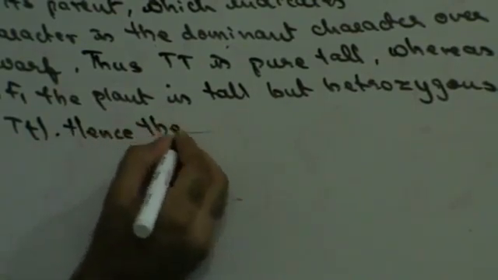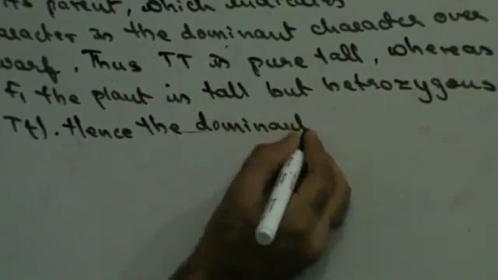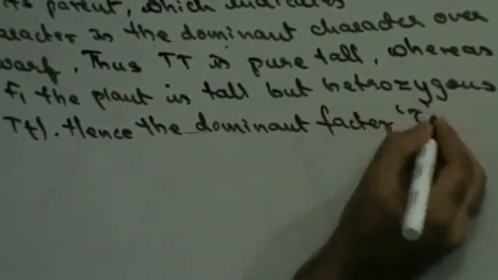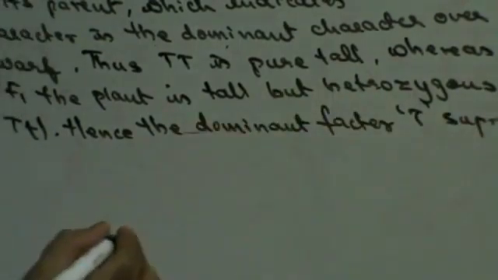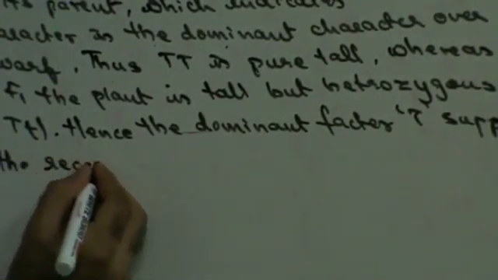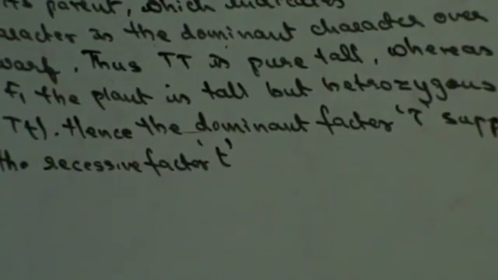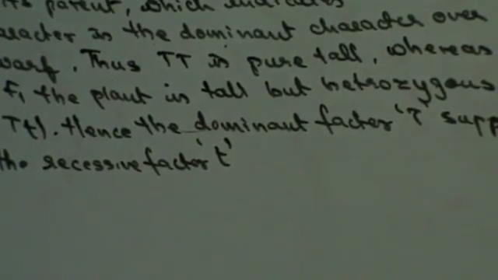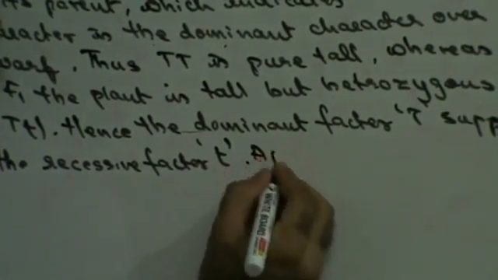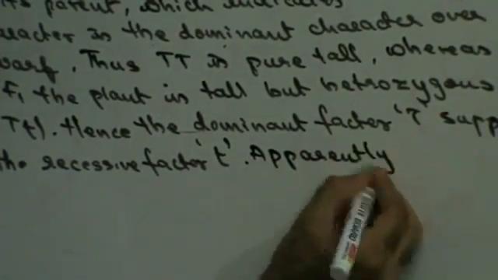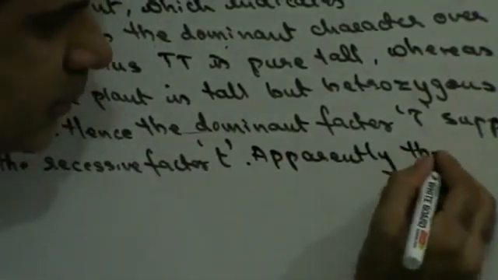Hence, the dominant factor capital T suppresses the recessive factor t. Right? The dominant character suppresses the recessive character. Apparently, the factor for tallness is dominant and does not allow the factor for dwarfness to express its effect.